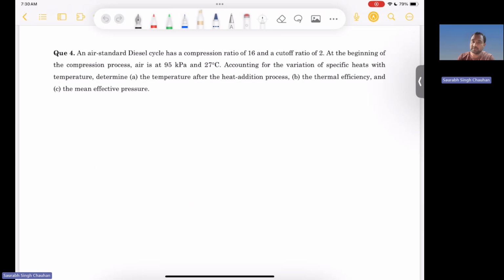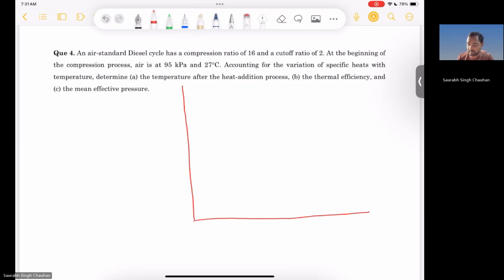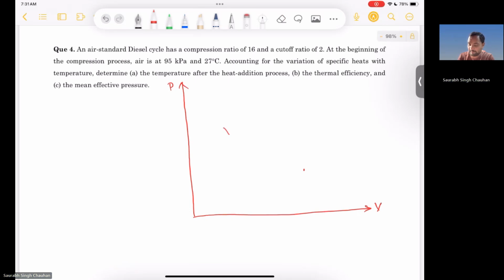Again, we will start by making the diagram first. In this case, we will make a PV diagram. First of all, there is compression 1 to 2.